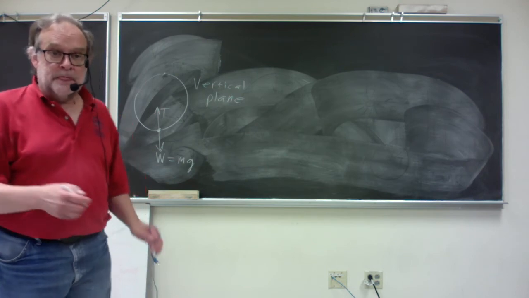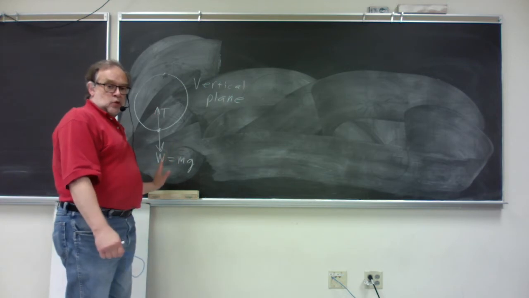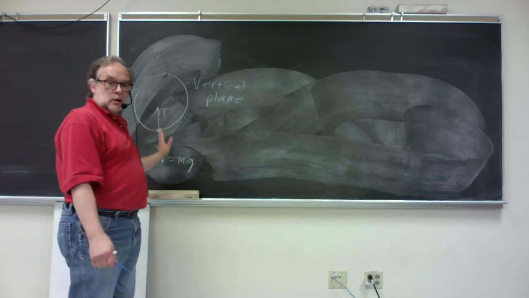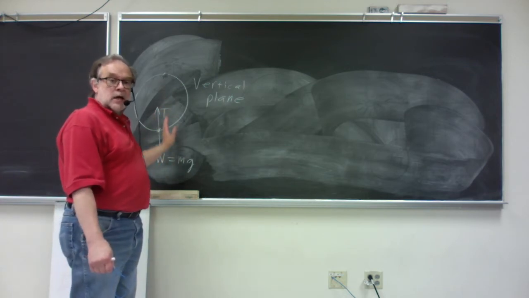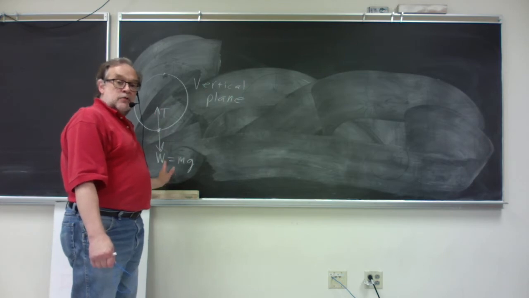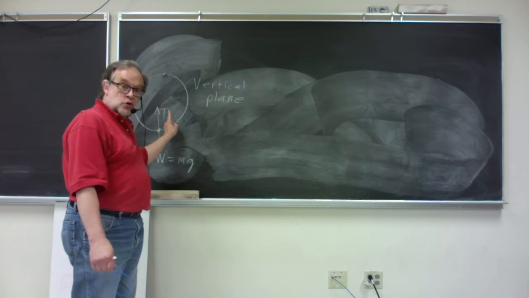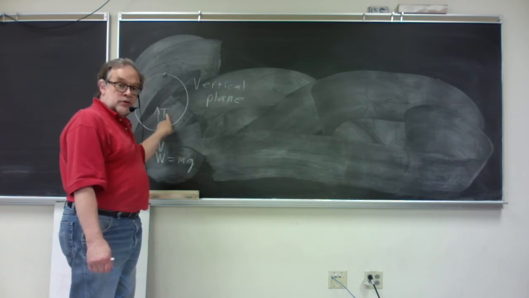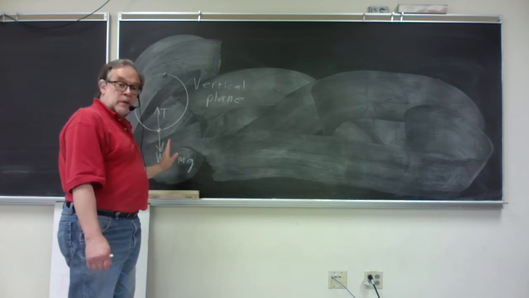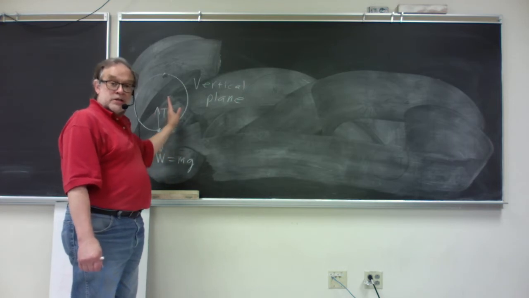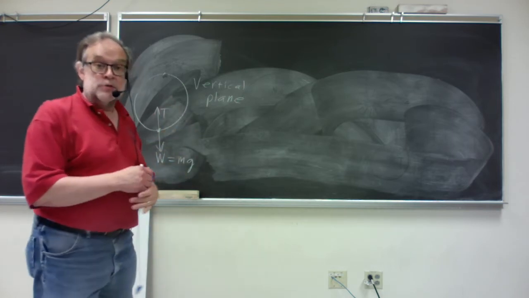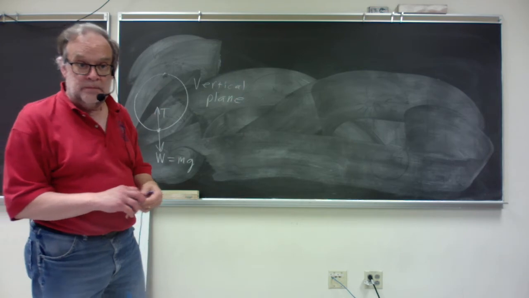In other words, there is a net force along a radius line pointing in towards the center of the circle. The combination of the tension and the weight must be a centripetal force, in other words, must be pointing in towards the center of the circle.